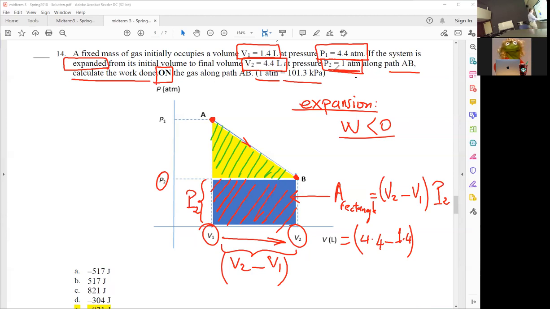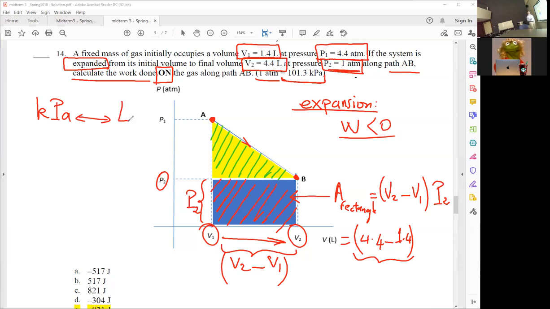Now, here then, so we have area rectangle. Again, this is the base, delta V, times the pressure, which is 1 atmosphere. But 1 atmosphere is what? In kilopascal. So I use kilopascal. Remember, when it comes to the units, we said that kilopascal go hand in glove with liters.